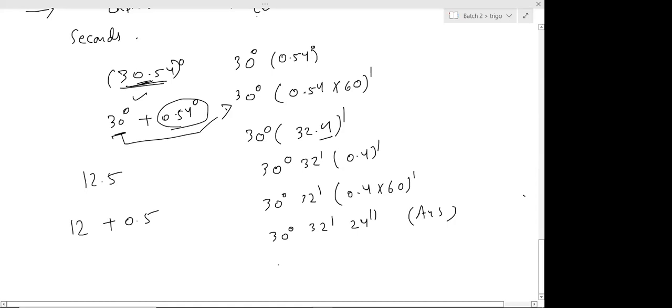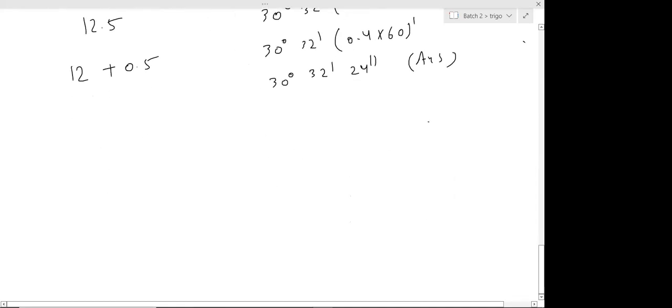Okay. So this is all about degrees. But in class 11th, 12th, and in further studies, we don't measure angles in degrees. What we do use is radians. This is just a different measurement unit.